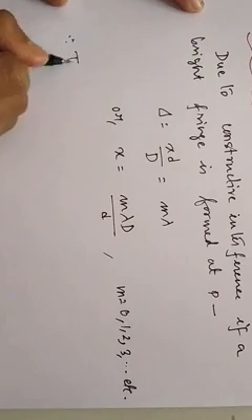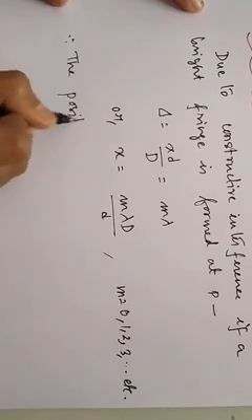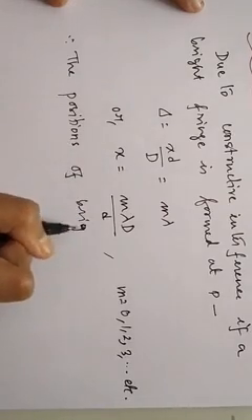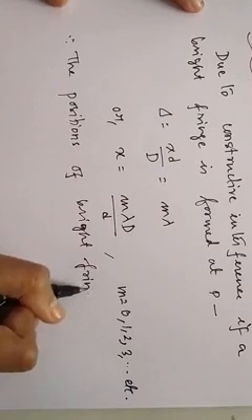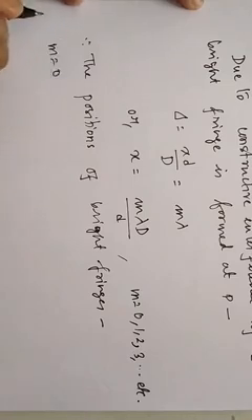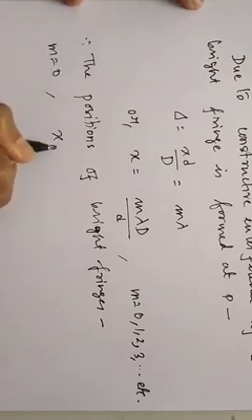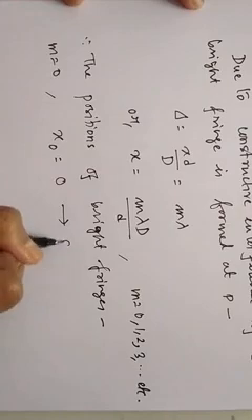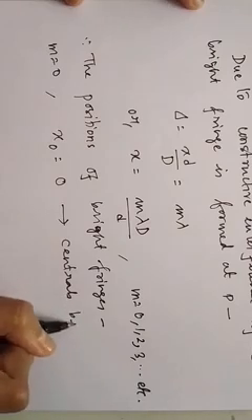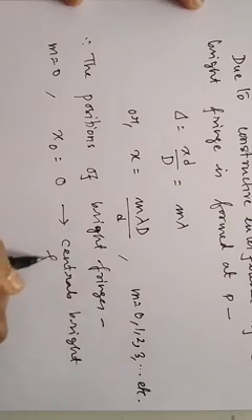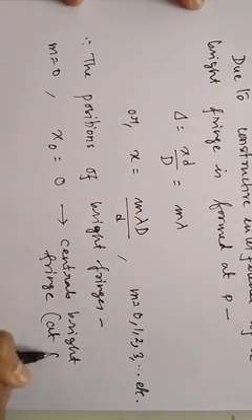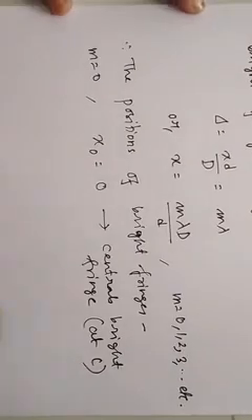So the positions of bright fringes will be, so at first for m equals 0, x0 is 0, which gives us the central bright fringe. That is at the center of the screen, which is at C, a bright fringe is formed.